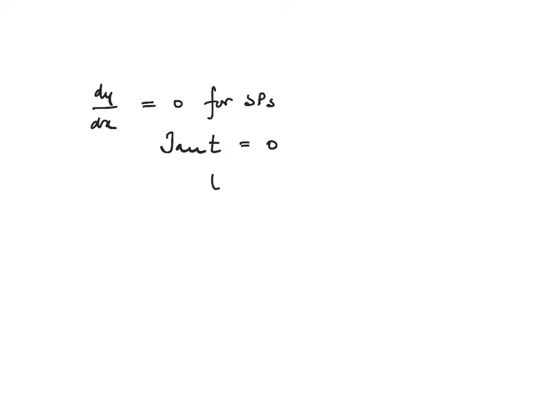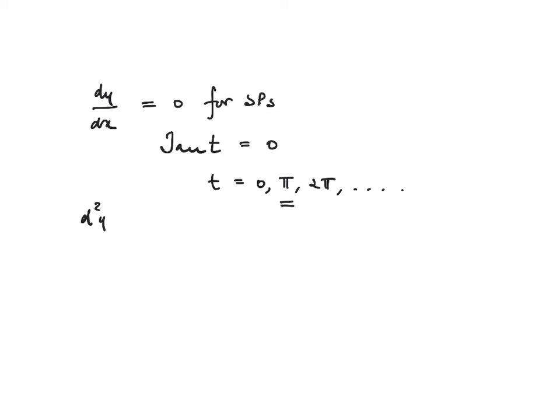T equals 0, pi, 2 pi. So it does have a stationary point at t equals pi.